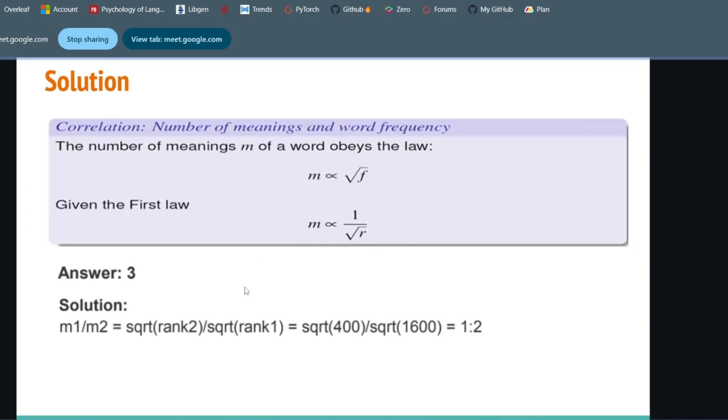So m1 by m2, the quantity we need to compute, is the square root of the rank of the second word divided by the square root of the rank of the first word, that is square root of 400 by square root of 1600, and so the answer is 1:2.